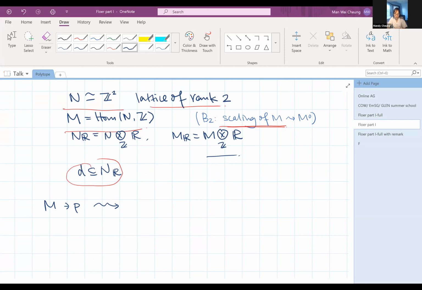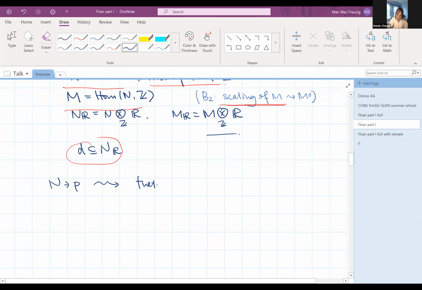For each point in the lattice, we associate a theta function, which is a global function of our cluster variety U, the union of tori.